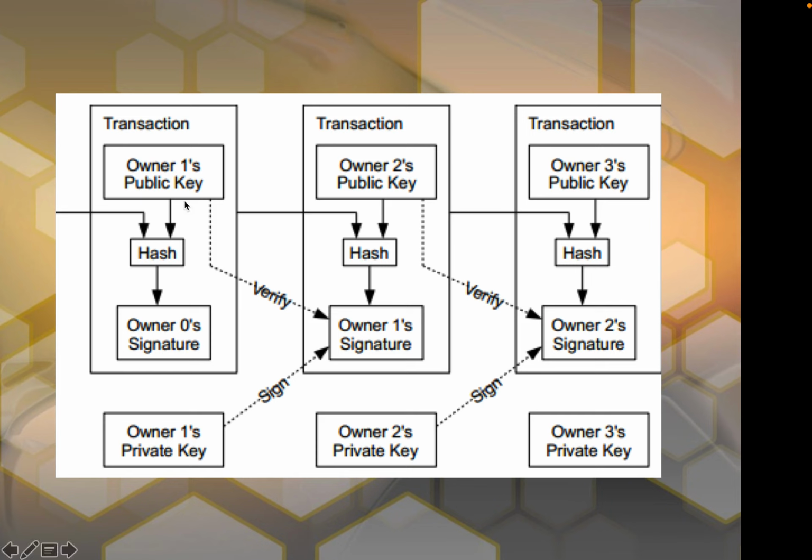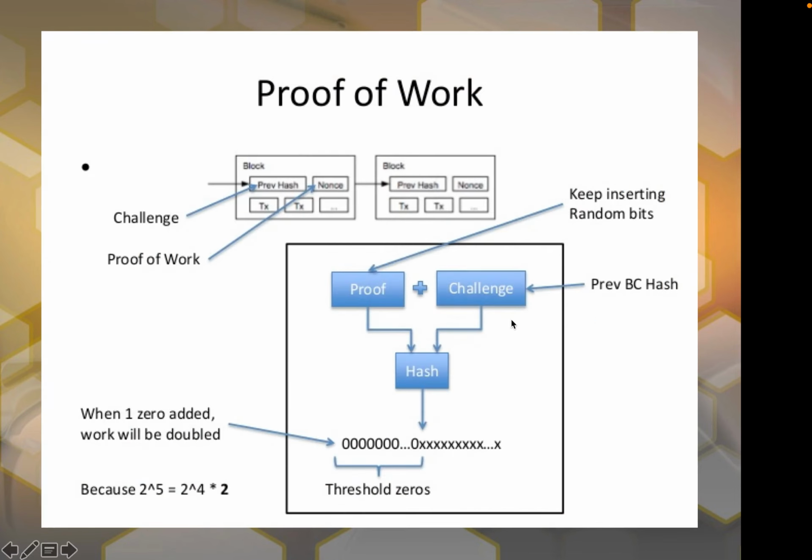That means the miners have to combine all the transaction properties, including necessary signatures and previous hash results, like this, as a challenge. So the challenge contains the previous hash and transaction properties of the current block. Altogether, they serve as a challenge.